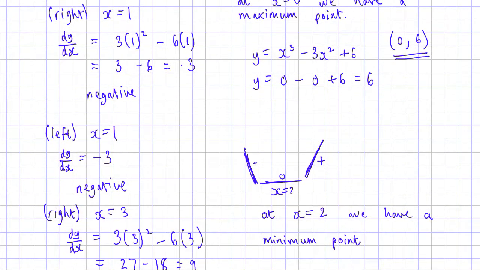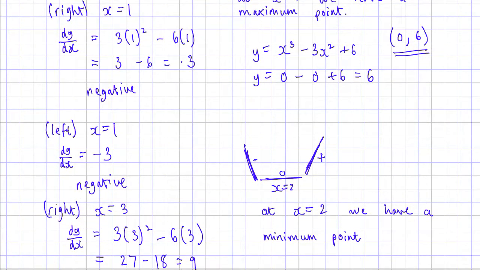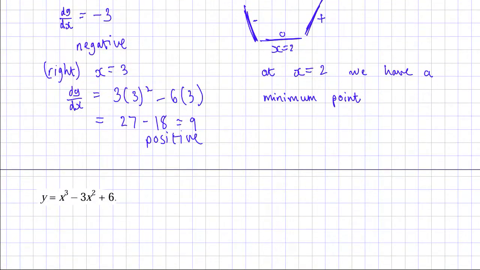At (0, 6) we have a maximum point. Now we need to find the coordinates of the minimum point as well. I know the x coordinate is going to be 2. Let's find the y coordinate. So y is equal to 2 cubed minus 3 times 2 squared plus 6. I have the equation here as well, so I'm just substituting 2 into here.